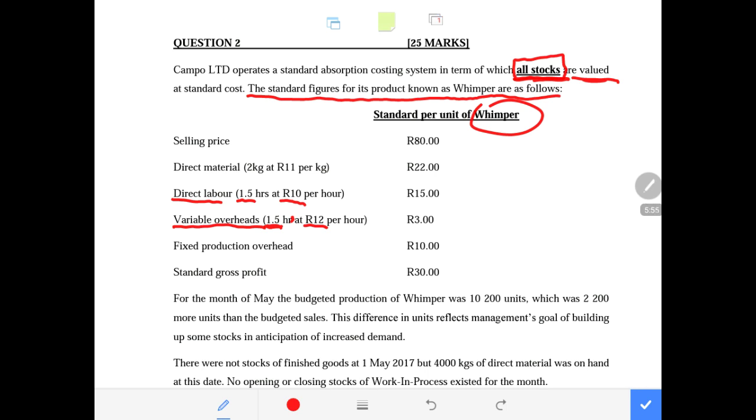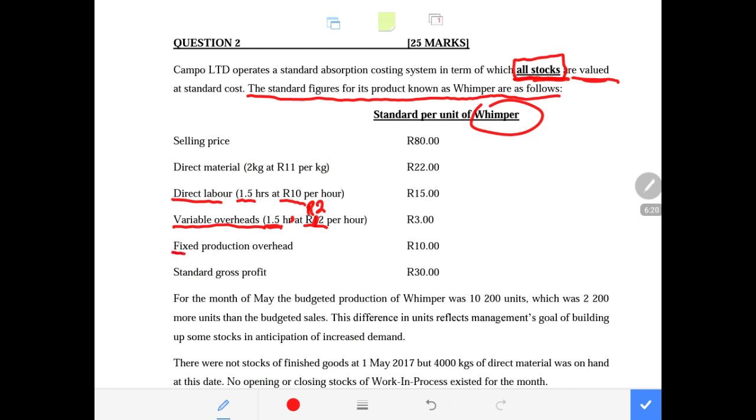That will be at 2 rand per hour, not 12 rand. So that is 1.5 hours multiplied by the rate of 2 rand per hour, and that will give us 3 rand. Then now we proceed on that same note. Just take note of that adjustment, that it is 2 rand per hour for the variable overheads.